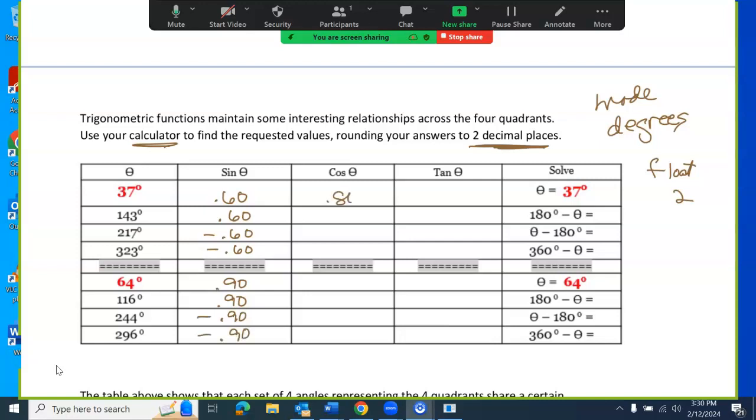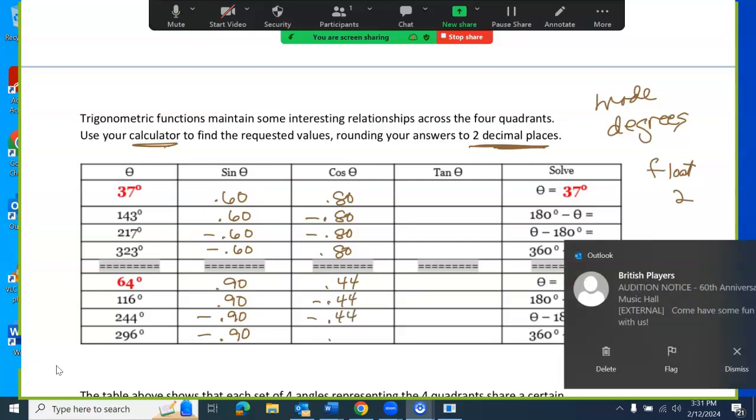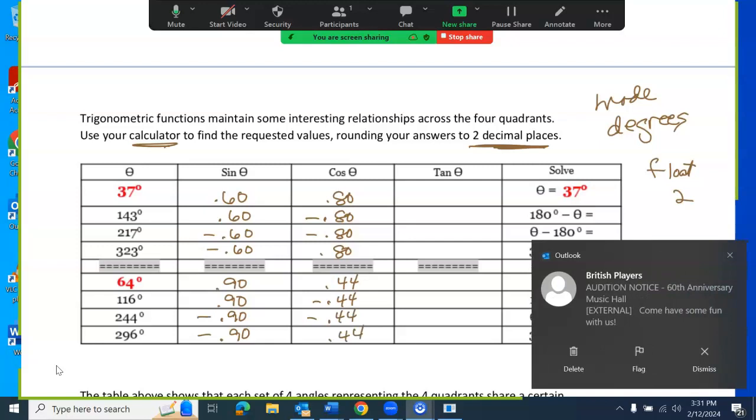Okay, so I'm just writing this stuff down. I used my calculator earlier. Make sure that you can use your calculator to get these. Don't just copy down what I'm doing, because you would never be able to recreate this. Okay, again, I'm doing it to 2 decimal places.